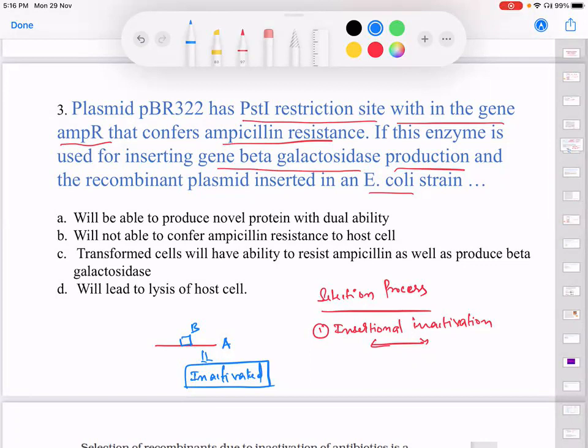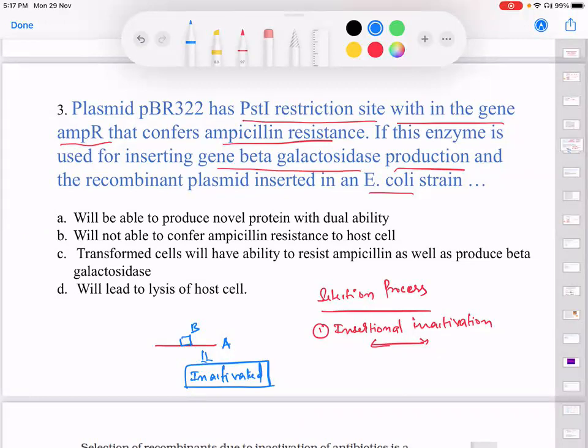Now there is another gene which has got inserted into gene A, due to which gene A is inactivated due to the presence of gene B. So due to the insertion, the gene is inactivated, which is what is called insertional inactivation. So this is the meaning in simple words, right? I hope you would have understood.